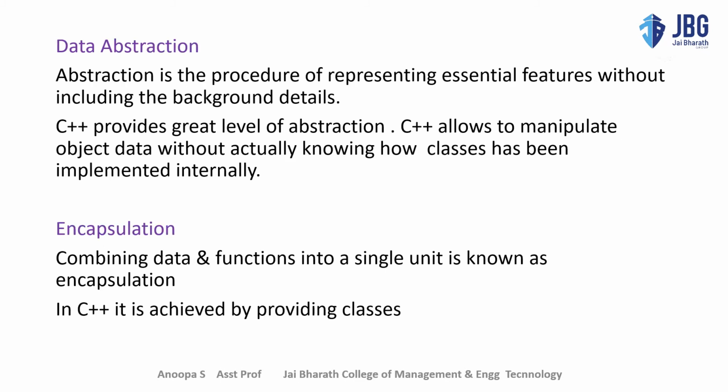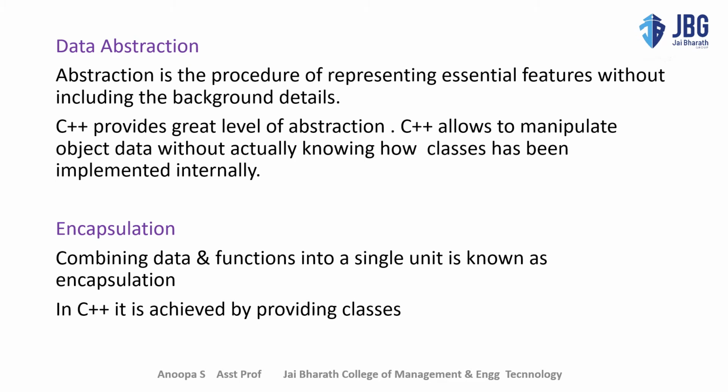Now, data abstraction. Data abstraction is a procedure of representing essential features without including the background details. Details of inner functions will not be given to the user. For example, when you want to switch on the light, you just put on the switch, right? You won't know what is happening internally, like electricity passing through the wires and all.